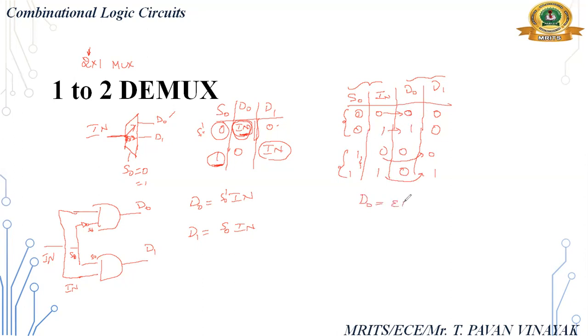Sigma 1. D1 is sigma 3. So write the expression: S0 bar IN. This is S0 IN. Same expressions we get, right? So this is one type of truth table. This is another type of truth table. Okay.